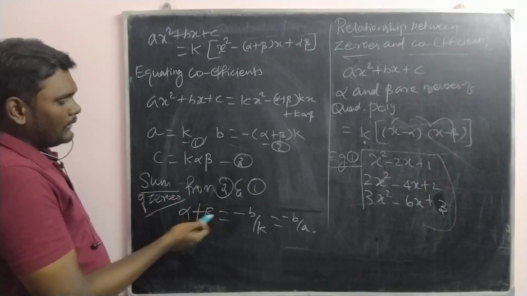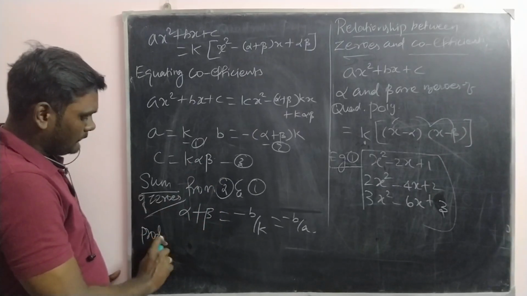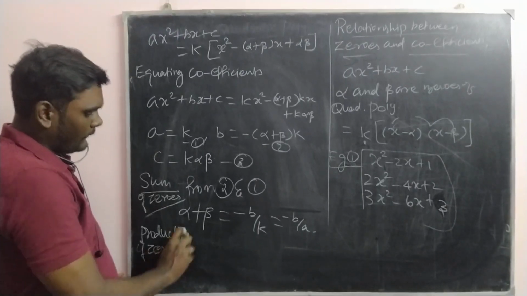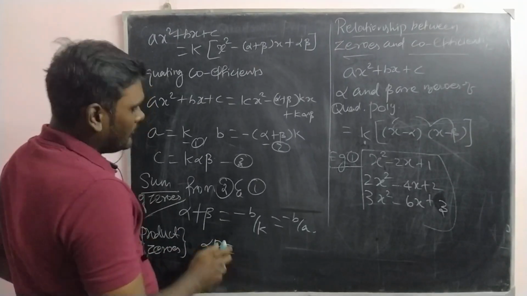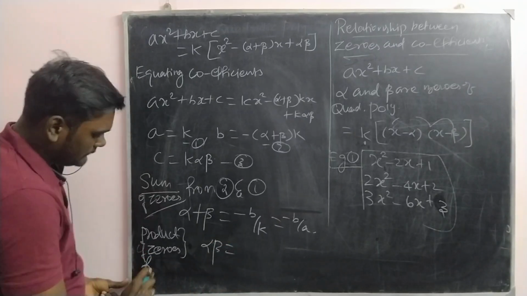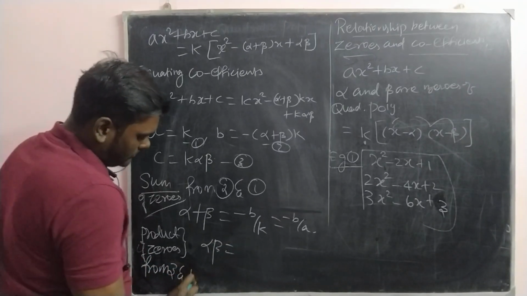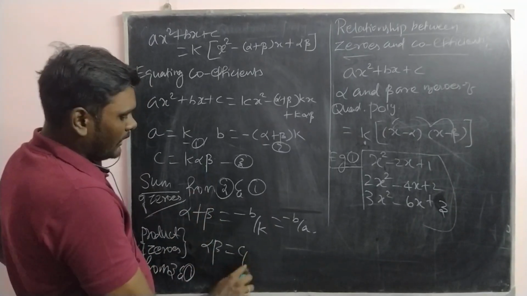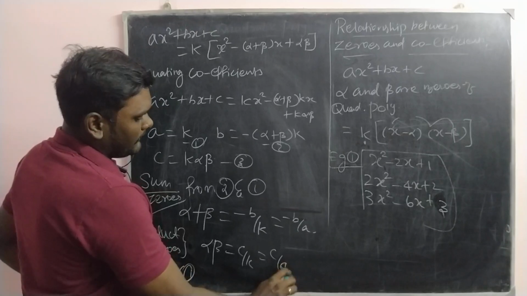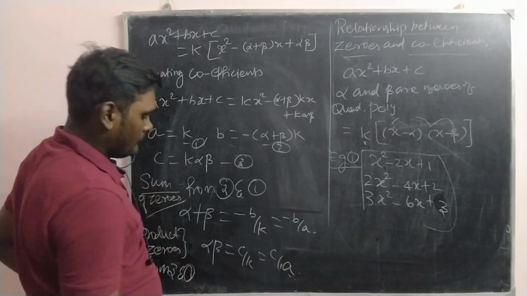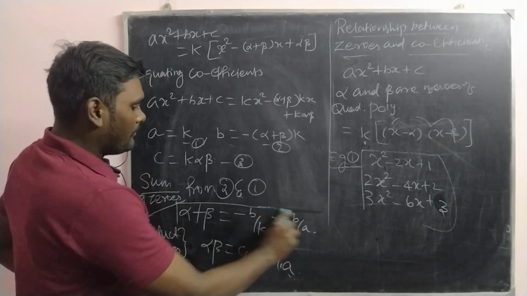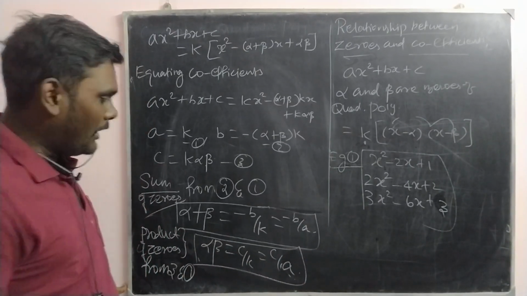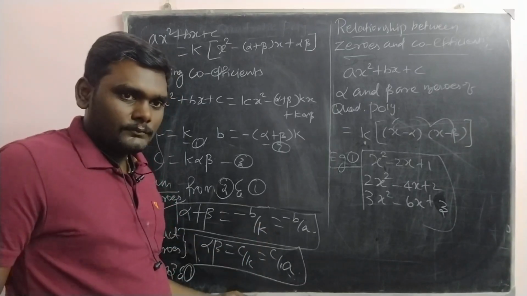Likewise, the product of roots, product of zeros, that is alpha beta. So from 3 and 1, what we can say is alpha beta, when you equate, what we get is c by k, so that is c by a. Okay, these two are very important formulas, but I prefer not to use this as a formula. Why?